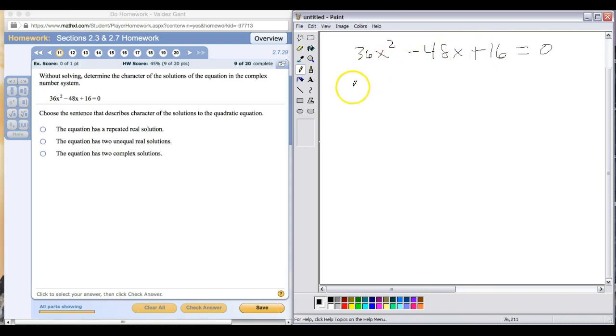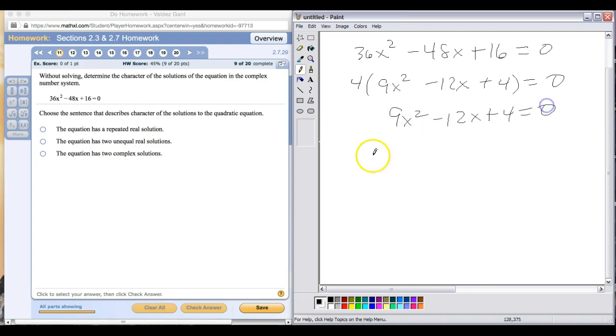We know all these have a factor of 4. If we factor out 4, that would be 9x squared minus 12x plus 4 equals 0. If we divide both sides by 4, we just end up with this. So we'll use a is 9, b is -12, and c is 4.